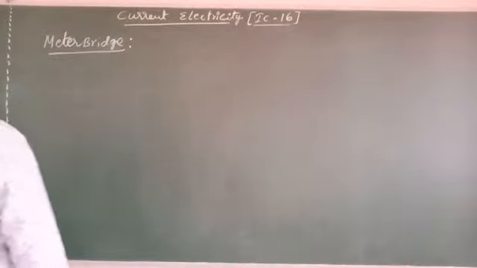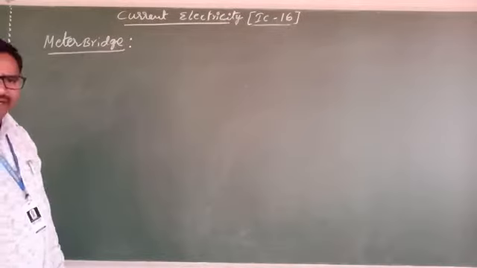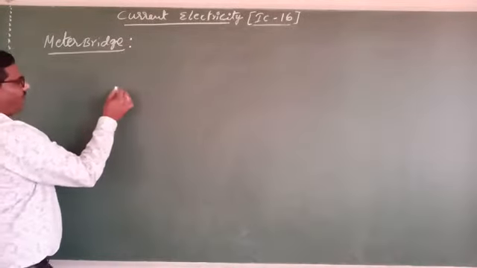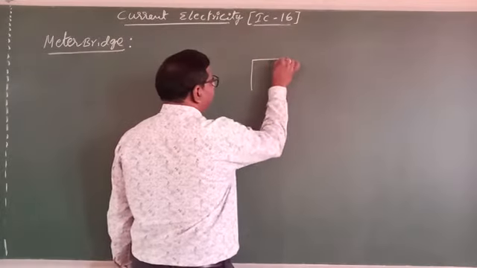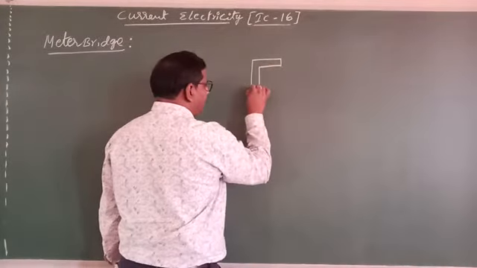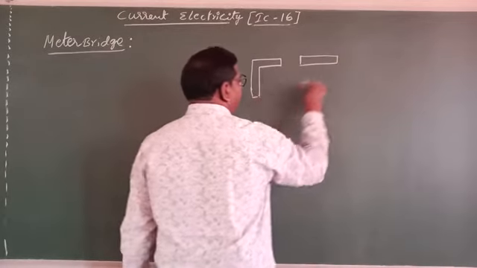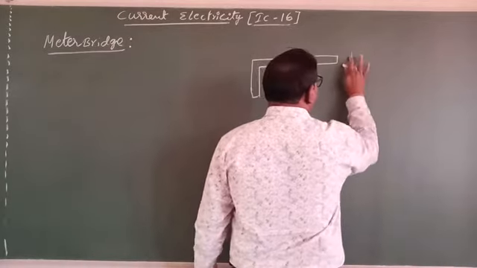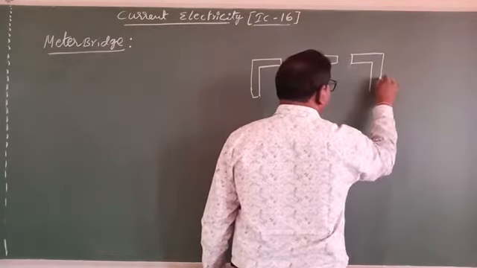Here the next concept is the meter bridge. In a meter bridge, what do we have? Meter means it has a wire of 1 meter length. The bridge consists of a first L-shaped copper strip with a gap, one more copper strip, and at the edge a third copper strip in L shape.